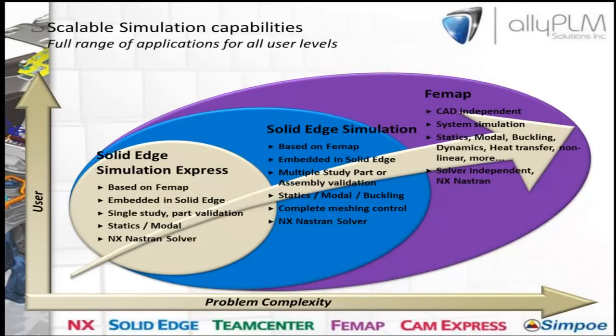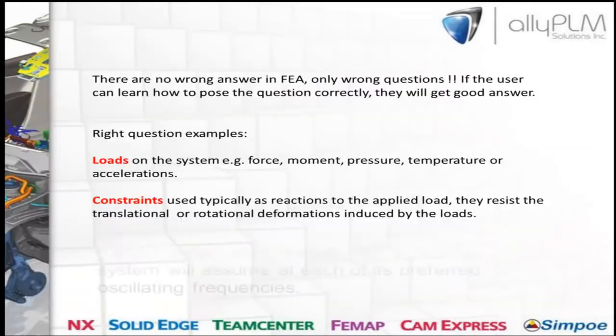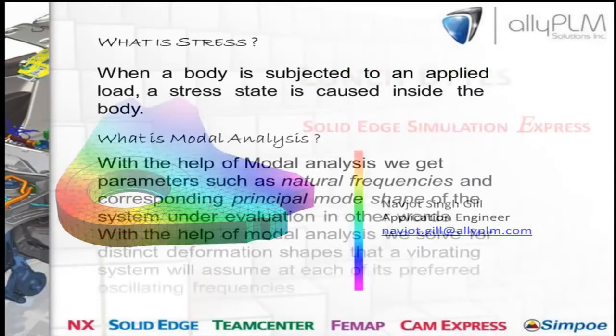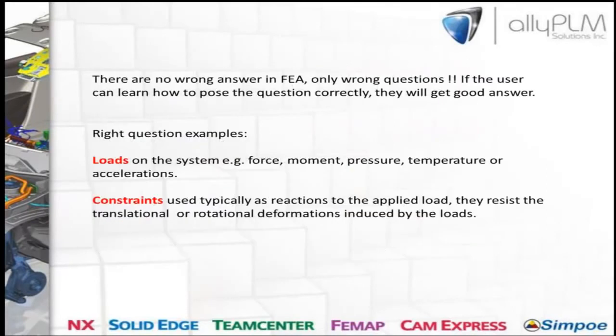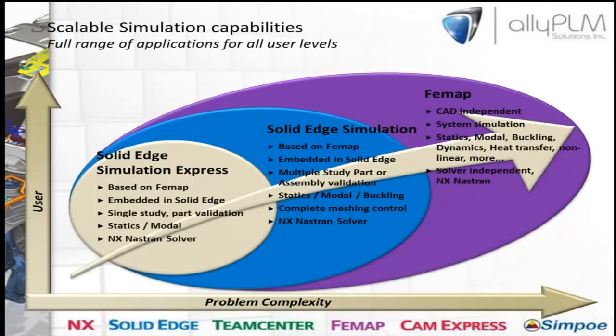The one last thing is the number of studies. With Express, you can only do a single study, but in comparison, Simulation lets you have multiple studies. For example, I want to do a study on a 1,000-pound load and also 1,500 and 2,000.